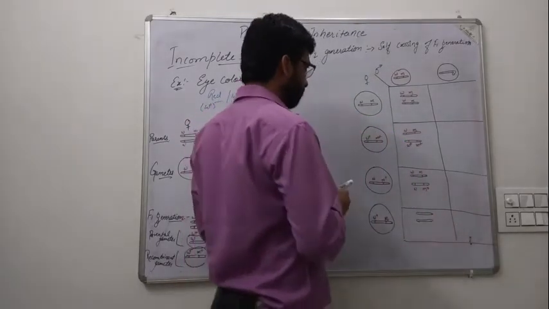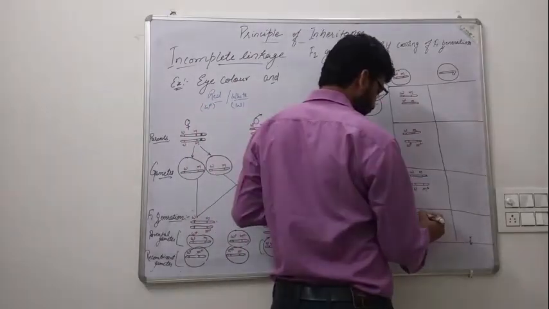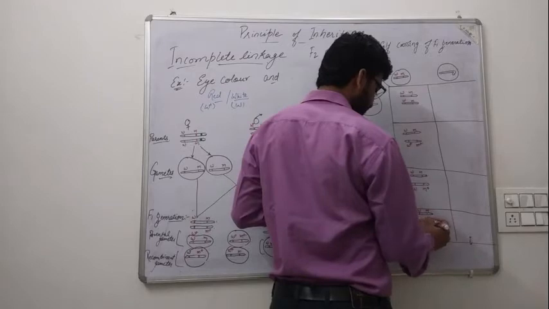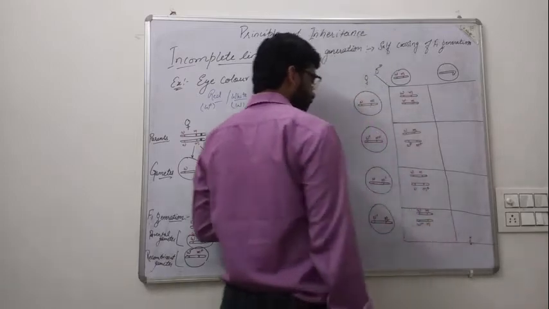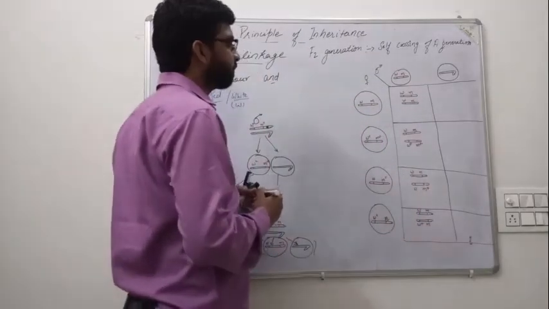Here from the sperm, white eye miniature wing, and from the egg red eye miniature wings.